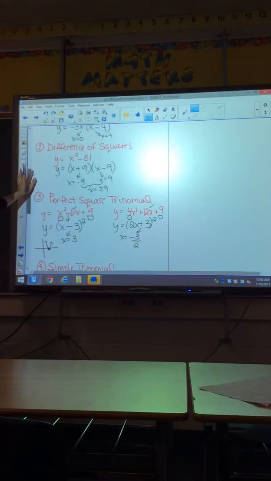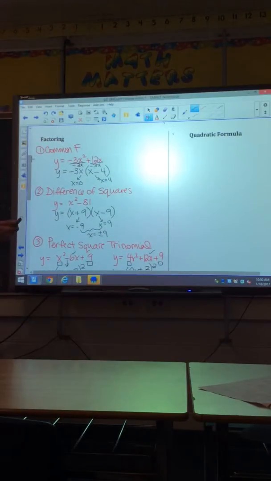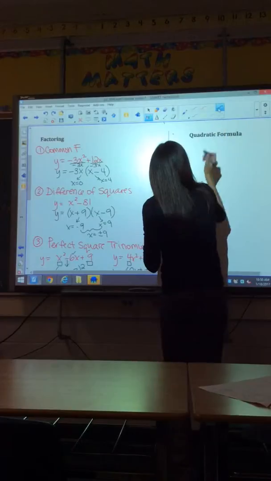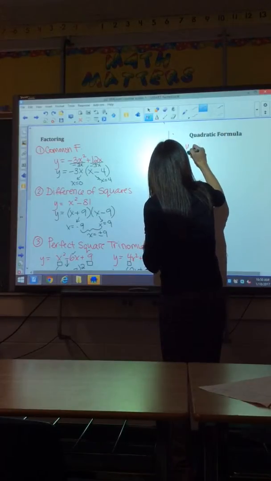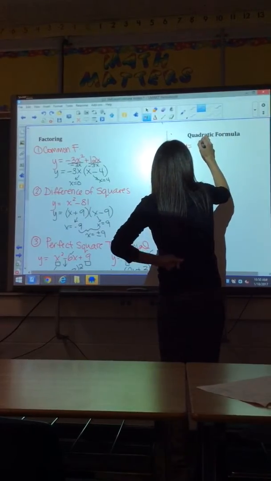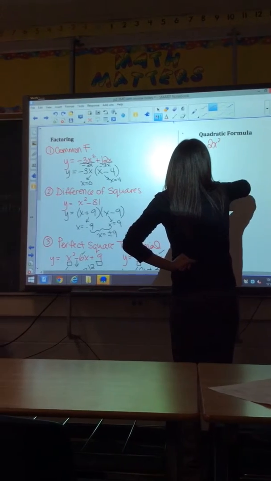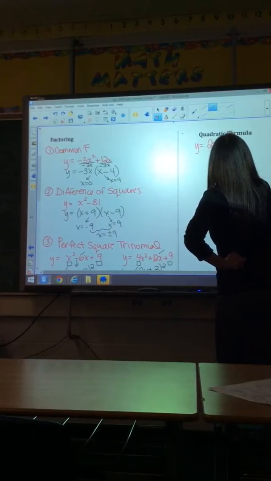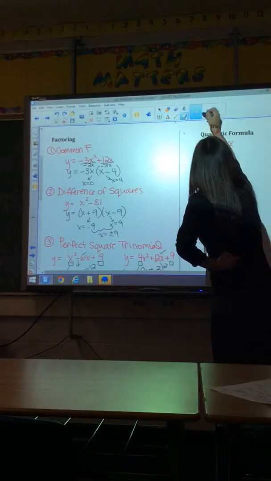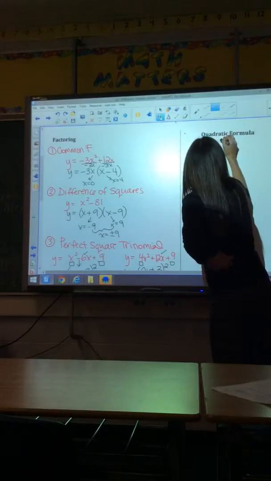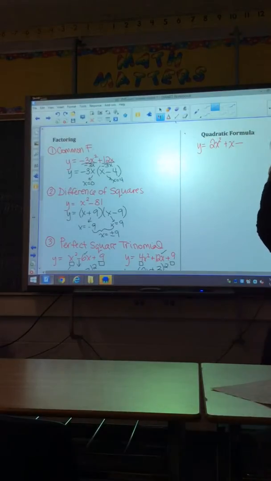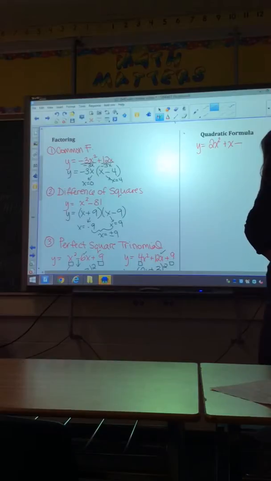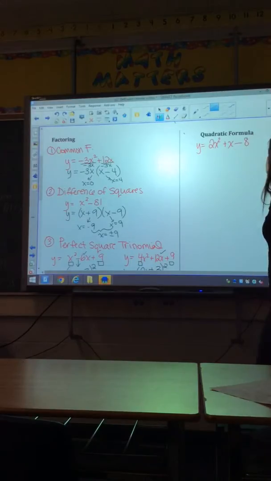One example of that only because it's a bit of a pain. So, let's pick something that's actually not factorable. Y equals 2x squared plus x minus 8.